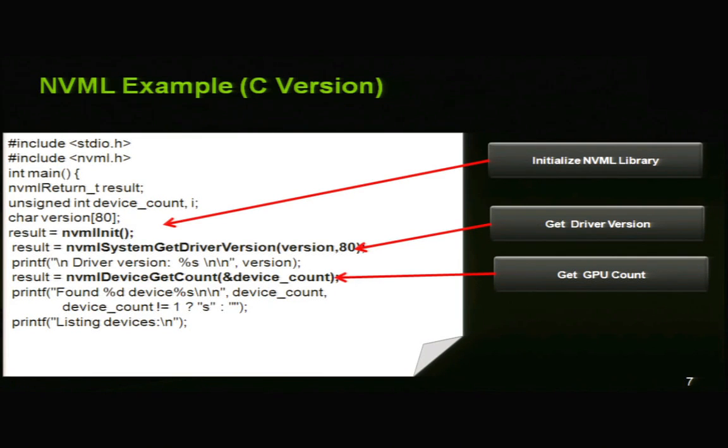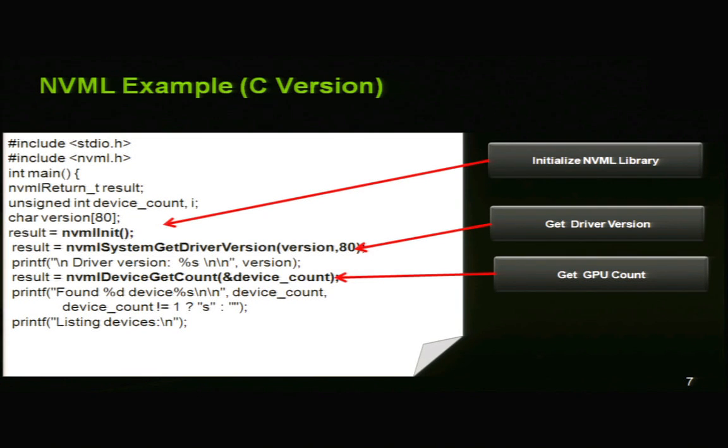Here's an example for a C program with the NVML calls. So you have to initialize the NVML library first here. Then you can call different NVML calls, in this case nvmlSystemGetDriverVersion, which gives you the current installed GPU driver version.